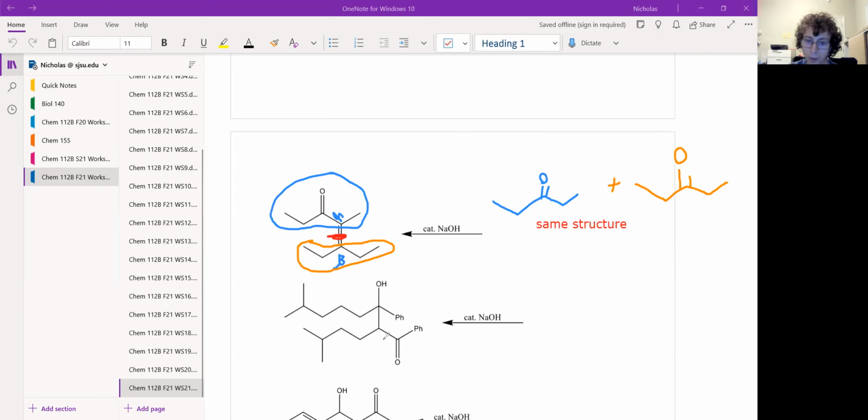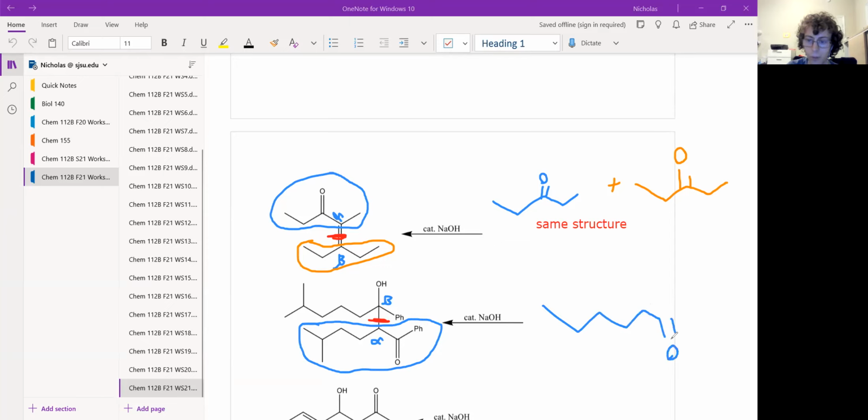Next one, similar approach. This is alpha to the aldehyde. This is beta, where the alcohol is. We formed the bond between the alpha and the beta carbon. So if we want to work backwards, we should break that bond. I'll go ahead and draw the structure I have circled in blue.